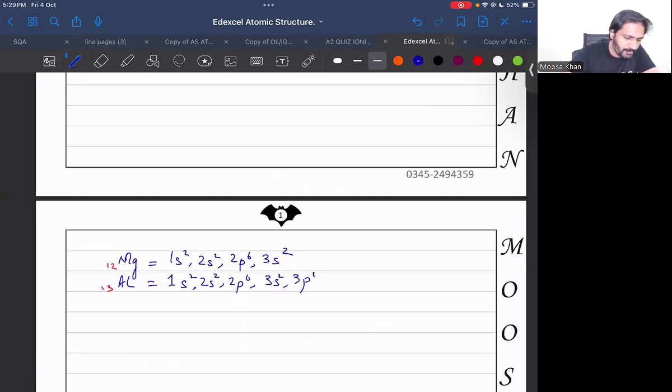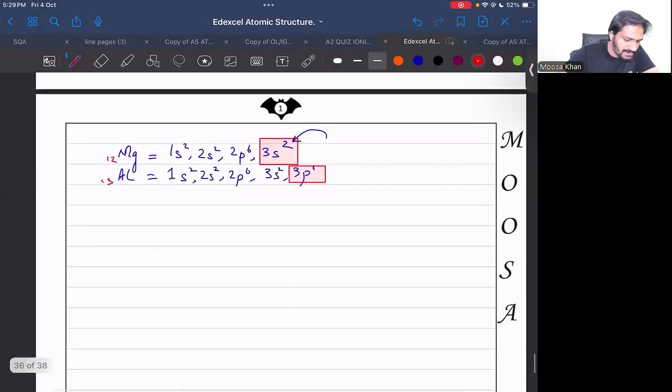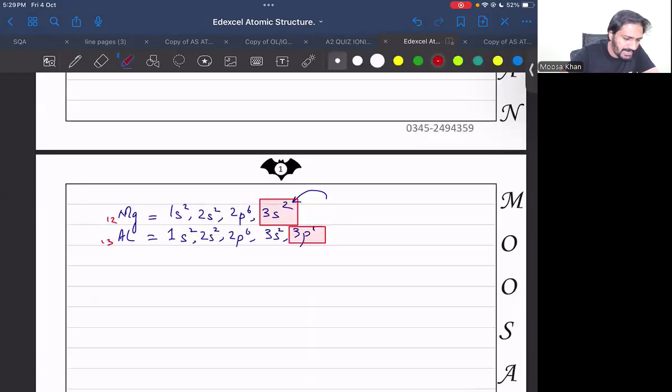So to remove the first electron from the magnesium atom, you have to remove it from the 3s2 subshell. But for the aluminum atom, you have to remove it from the 3p subshell. And the 3p subshell is experiencing slightly greater shielding as compared to magnesium's 3s subshell.